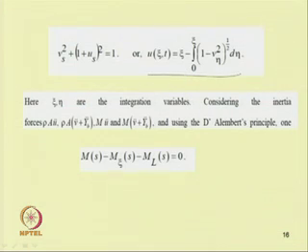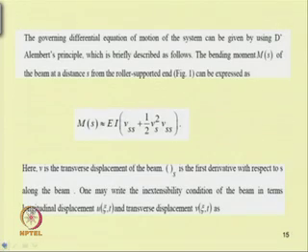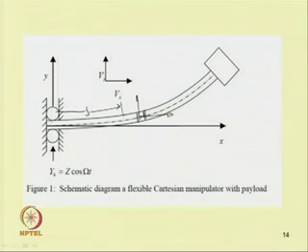So, now taking the inertia force. The inertia force will be due to this axial displacement, due to vertical displacement, and also due to the displacement of the support. Here the support is moving with an excitation y b equal to z cos omega t. This is just an example we are taking.